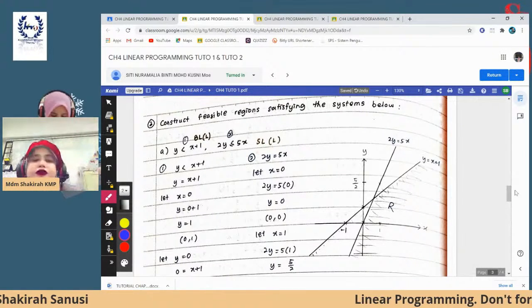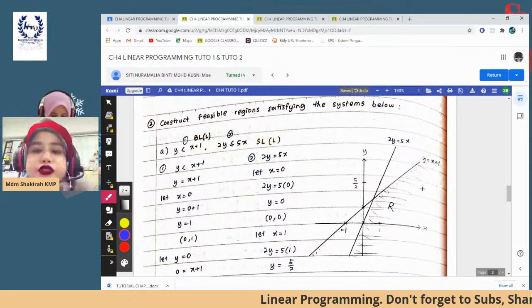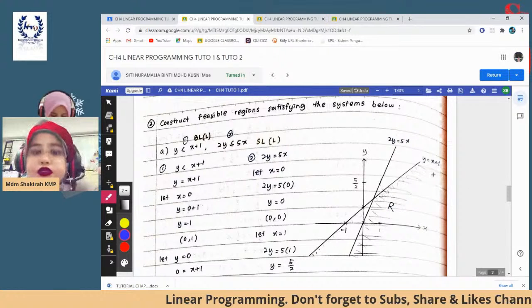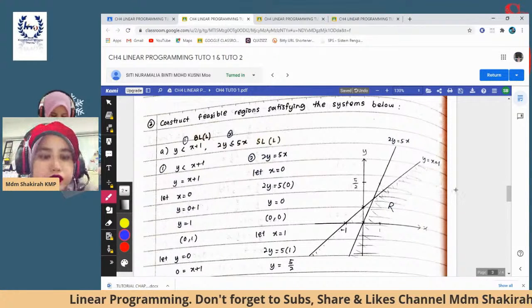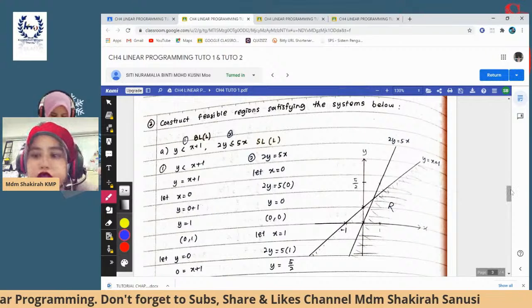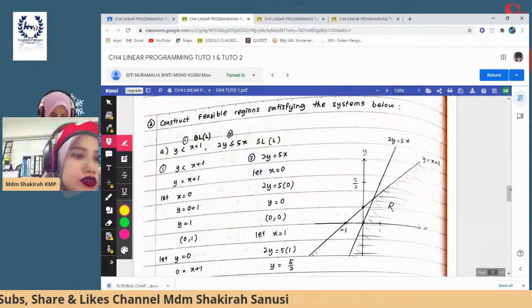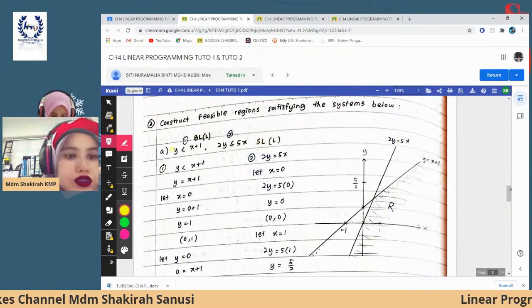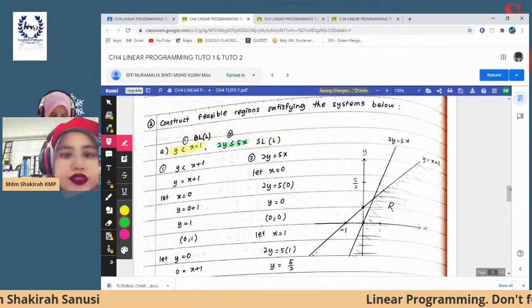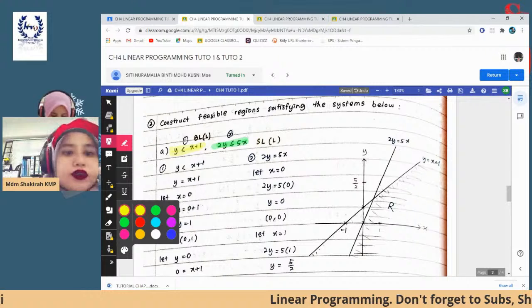Construct feasible regions satisfying the systems below. Okay, so kat sini you ada berapa graph? Okay. You ada first graph and second graph. Alright, kita tengok yang warna yellow dulu.